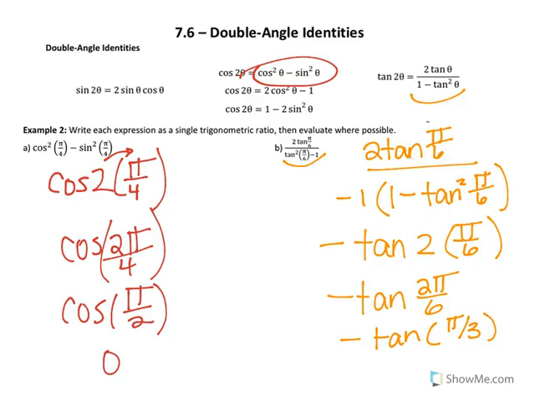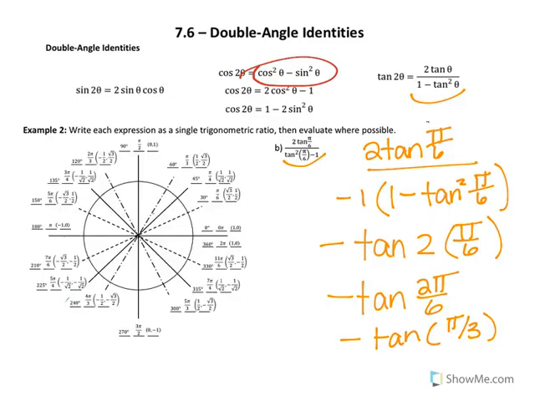Now I'll get out my unit circle, and go to pi over 3, which is right here. To find my tan, I'm going to take the y and divide it by the x. So we have negative, and then we have root 3 over 1. So our answer is negative root 3. And that one is done.